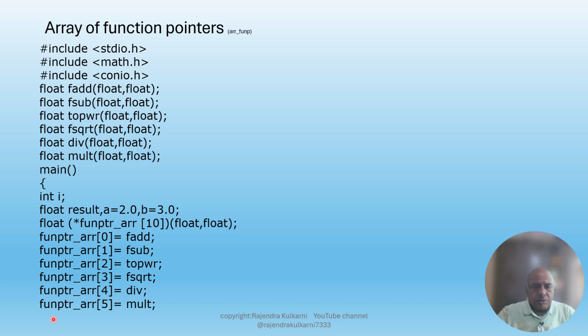The 6th element of the array is assigned with the base address of function mult. So these 6 functions' addresses are assigned to individual array elements of the array of function pointers.